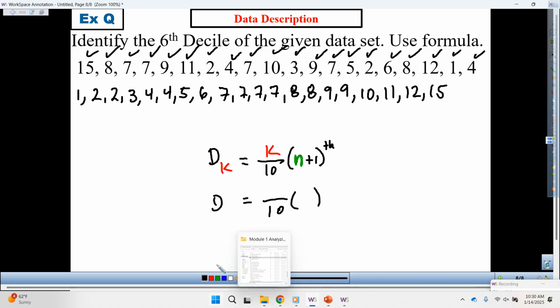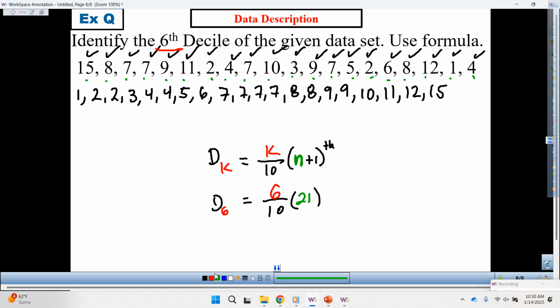Tell your neighbor. 6. That is correct. That's the decile that we're looking for. So we write 6. What is N? 20, right? There's a total of 20 numbers. Let's double check. 1, 2, 3, 4, 5, 6, 7, 8, 9, 10, 11, 12, 13, 14, 15, 16, 17, 18, 19, 20. So 20 plus 1 is 21.